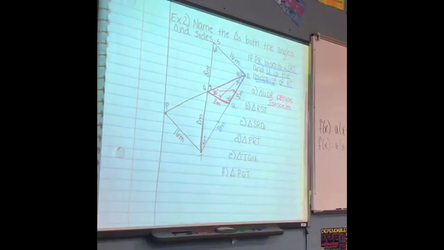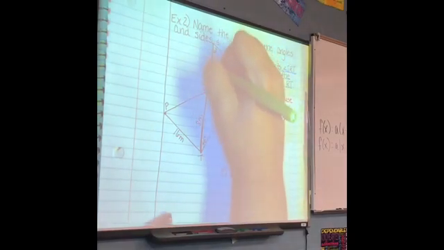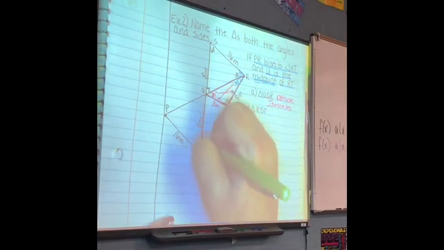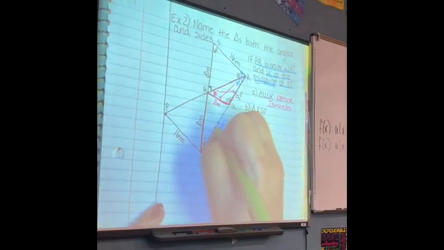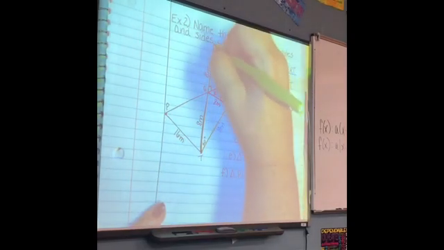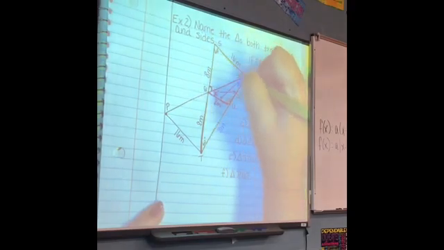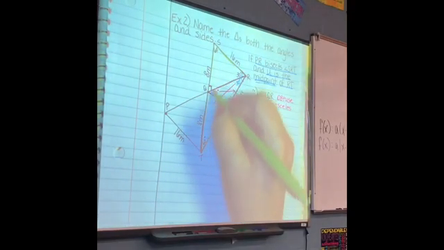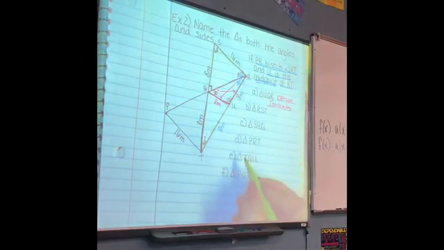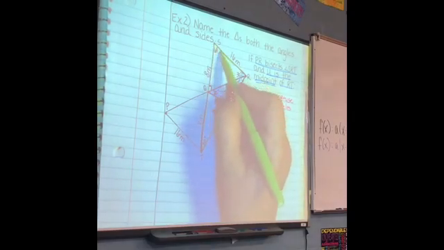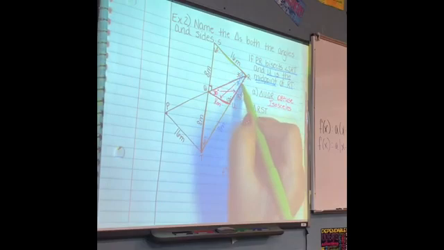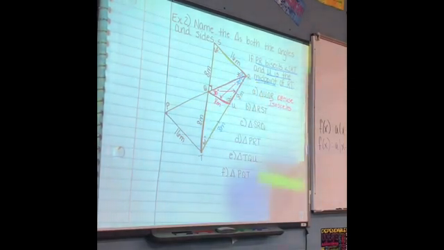Okay. Let's talk about RST. What's this big one out here? RST. You with me? The really big one out here. Yes, ma'am. Okay. Let's talk about its angles first. What's this angle here? And this angle up here? And this angle right here? So that means it is equiangular.